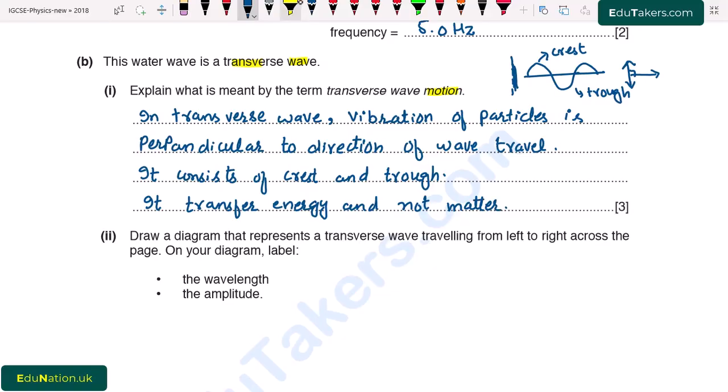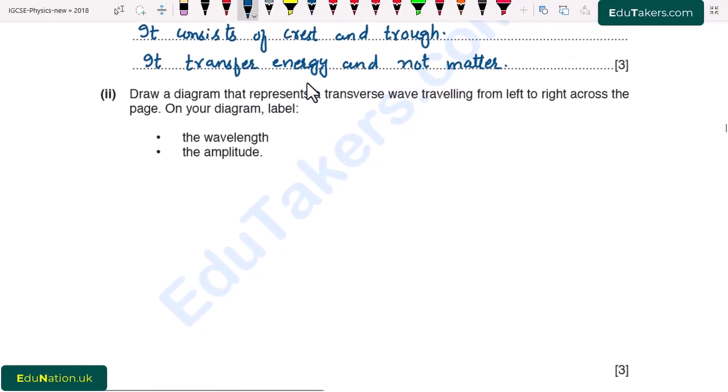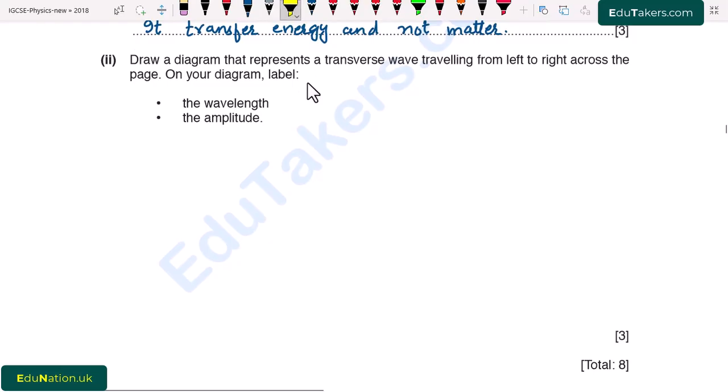Next, part 2. Draw a diagram that represents a transverse wave traveling from left to right across the page. On your diagram, label wavelength and the amplitude. First of all, we have to draw the transverse wave and then we have to label the wavelength and amplitude.